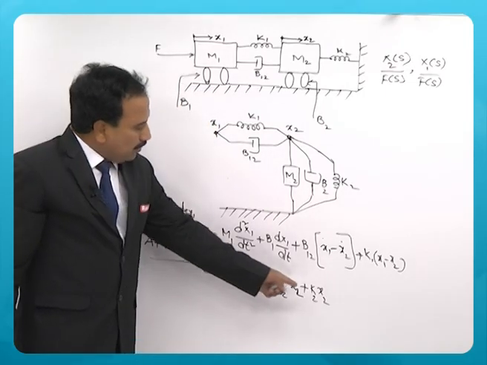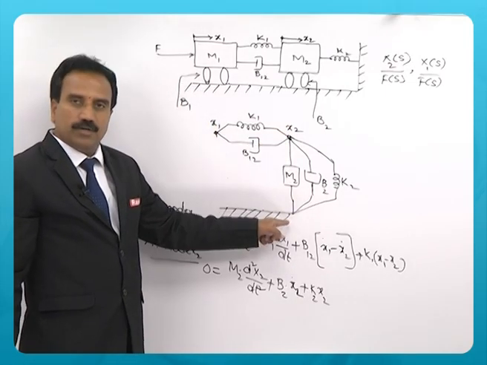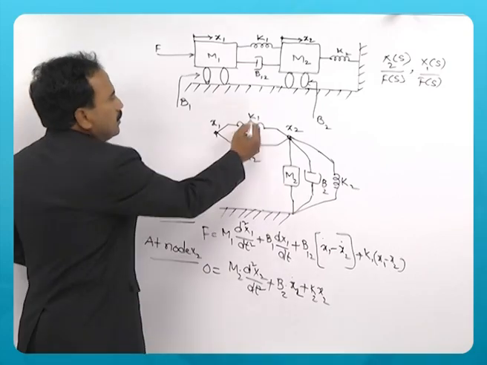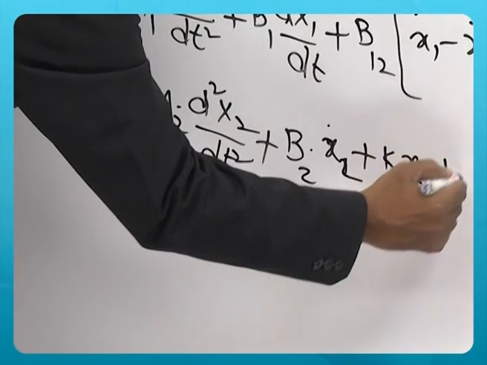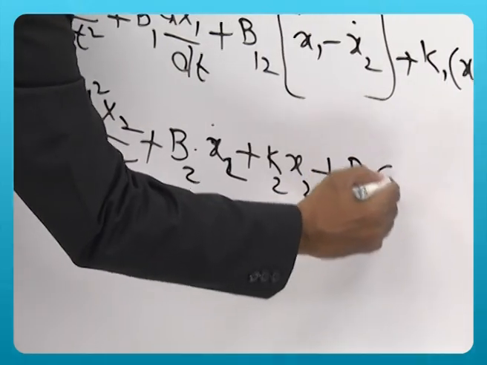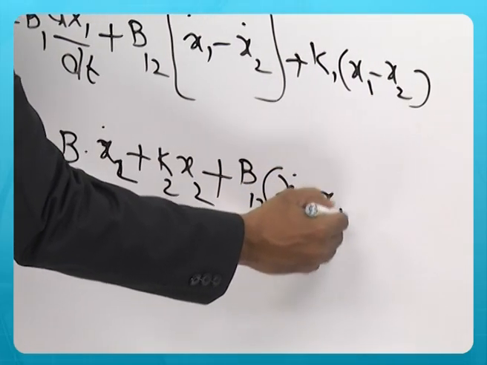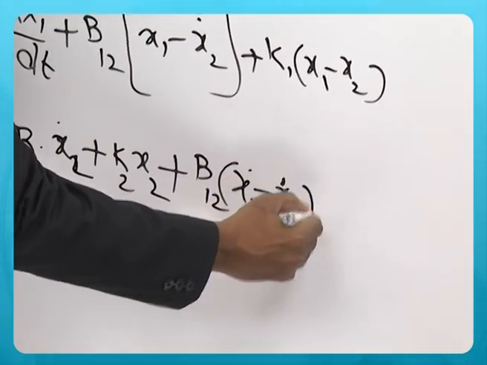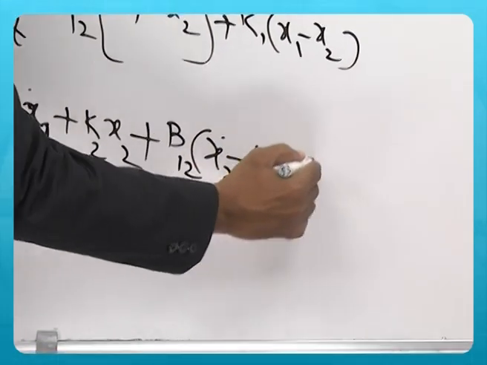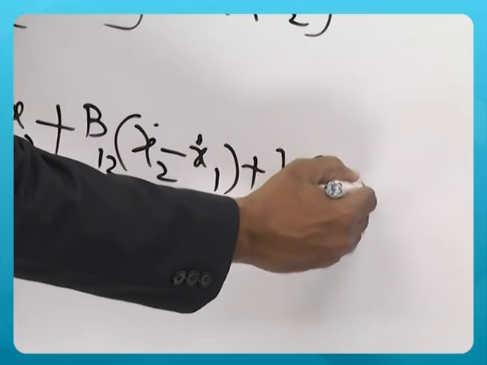These are the components connected to x2 and ground, whereas these two components are b12 times (x2 dot minus x1 dot) plus k1 into (x2 minus x1).